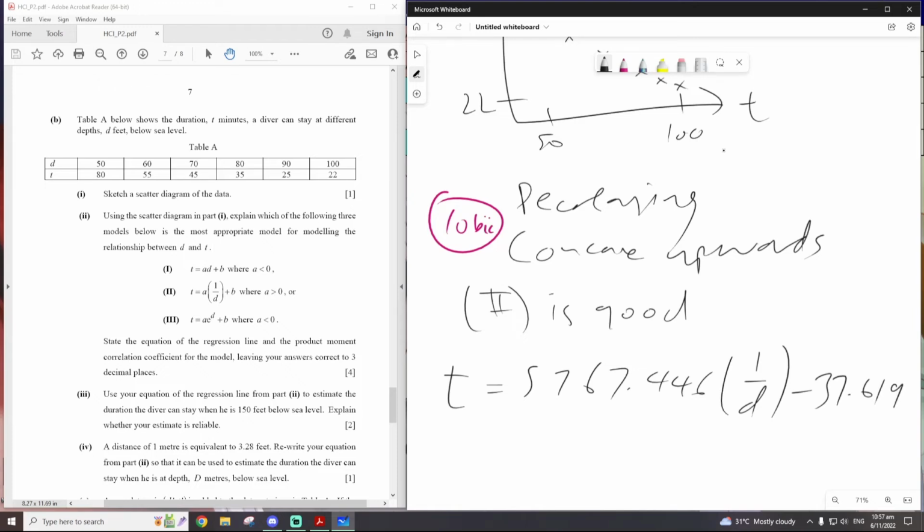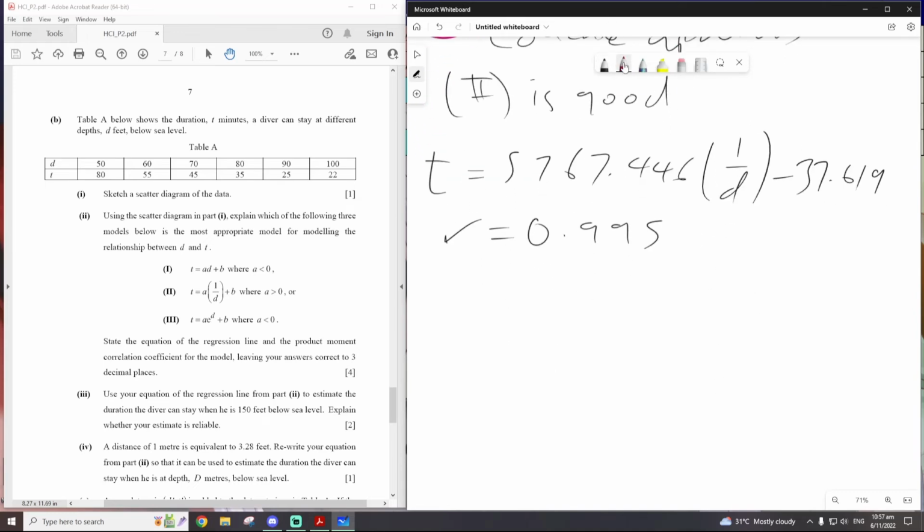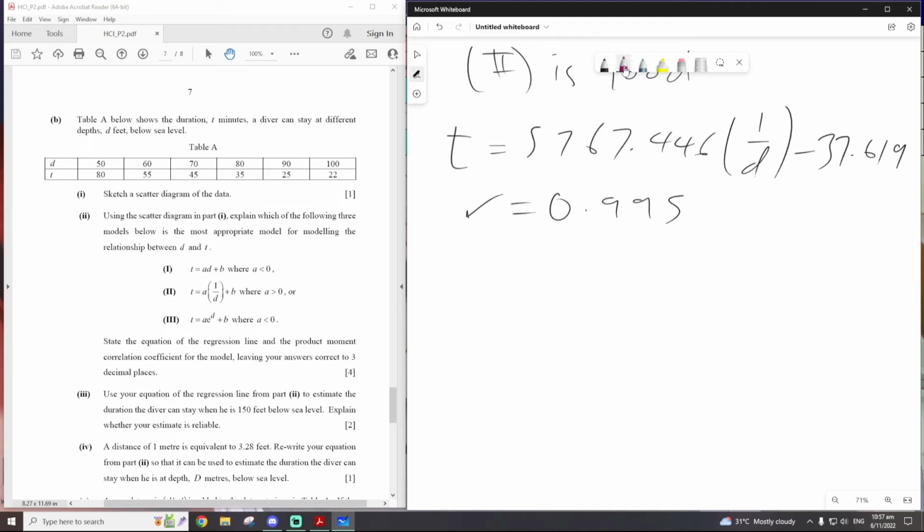As the question says 3dp, make sure you do that. The product moment correlation coefficient r is 0.995. Again, I believe many of you will know how to do this by yourself using the GC.